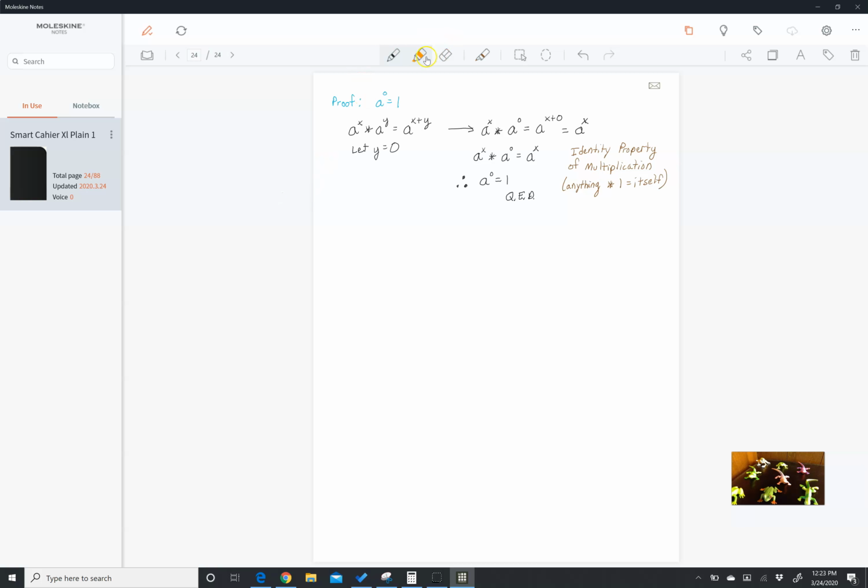And we're going to use the same concept to prove the last one: a to the negative x is equal to 1 over a to the x. Okay, same concept.